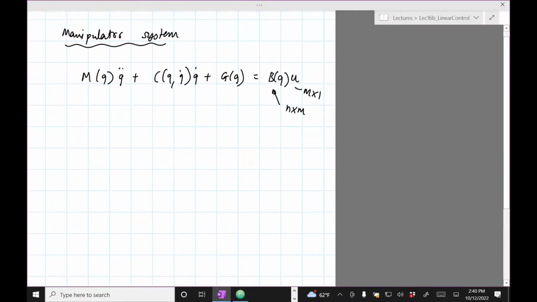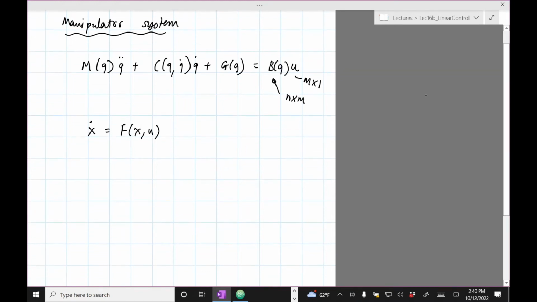Okay, so we have the system and we are supposed to linearize the system. So remember what we did. We need to write the equation in this form: x dot equals f of x comma u. So what we'll do is we'll assume that x is q, q dot.